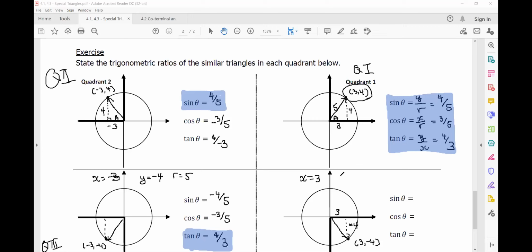My x is 3, my y is -4, my radius is 5. Sine would be -4 over 5, cosine 3 over 5, and tangent -4 over 3. The only ratio that is positive in this one is cosine.